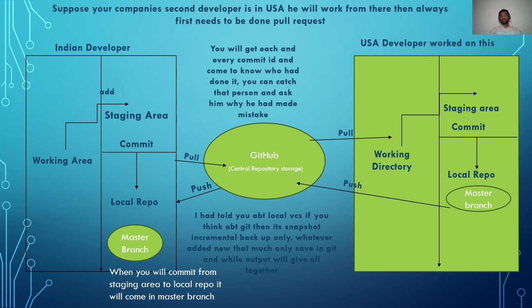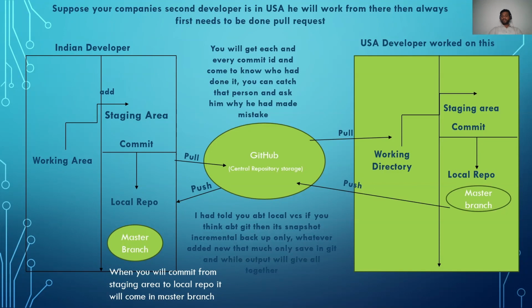Now I want to go ahead and write the next code. So he will write the next code, and again he will add. I missed writing add here. So again he will add that code, whatever he has written, to the staging area, and again he will commit that code into his local repo in the master branch.